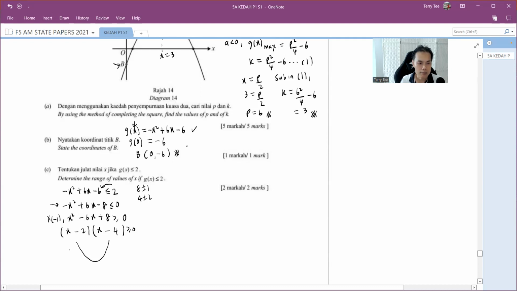So I know my roots are, you let x minus 2 equals 0, x is now 2, x minus 4 equals 0, x is now 4. Greater than or equal to 0 is here, and here. So my x value is either less than or equal to 2 or greater than or equal to 4. So there you go. That's your range of values of x.